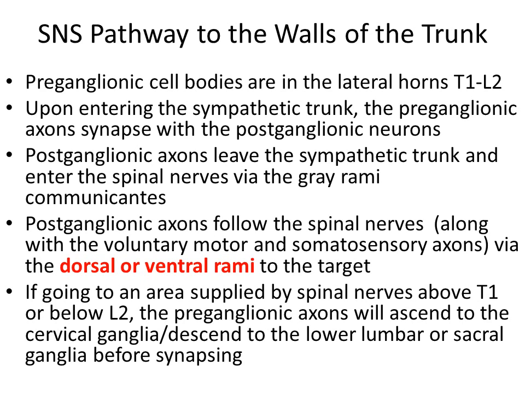The postganglionic neuron will leave the sympathetic trunk through a gray ramus communicans, re-enter the spinal nerve, and then will follow either the dorsal ramus or the ventral ramus, depending upon which part of the trunk they are going to.